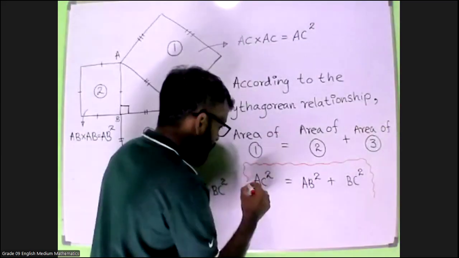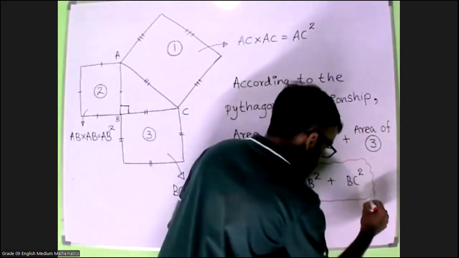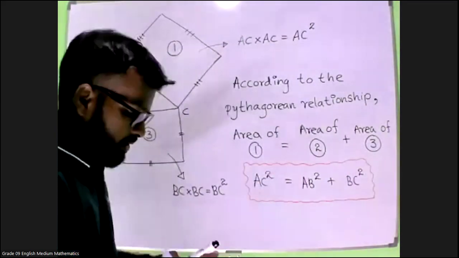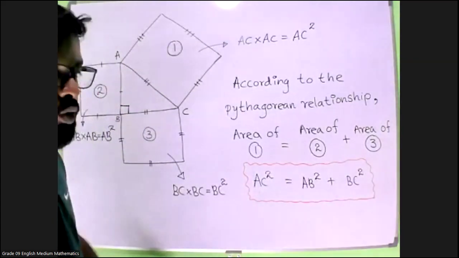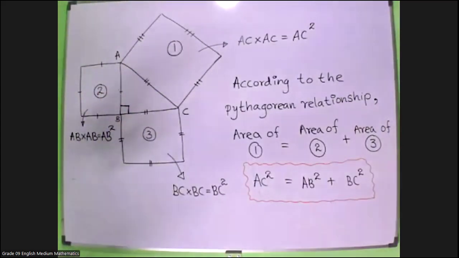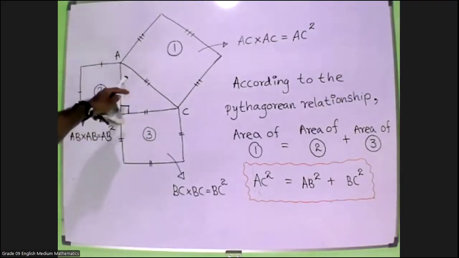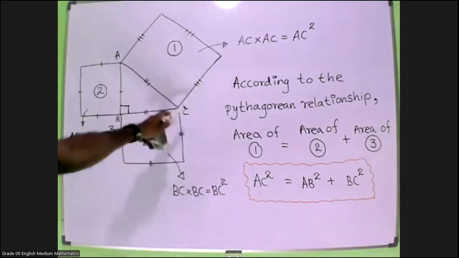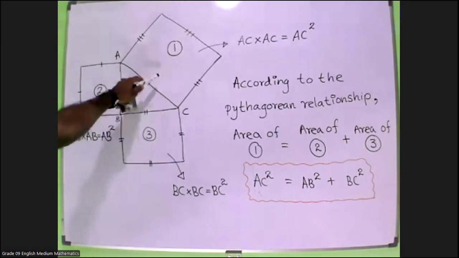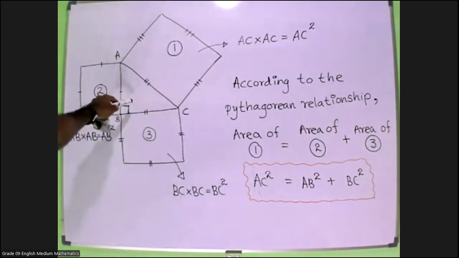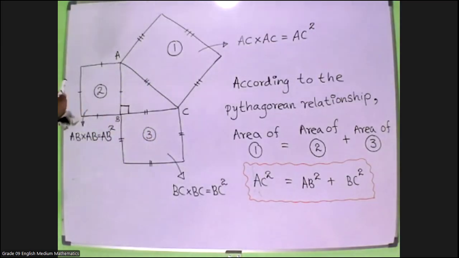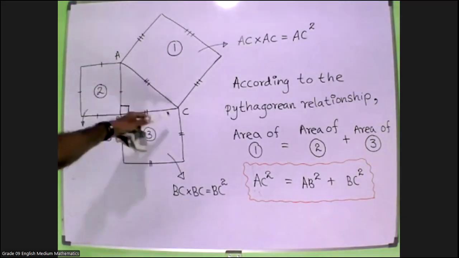You need to know how to write the Pythagorean relationship when you are given this kind of a right angle. Let's practice some more by looking at the right angle.